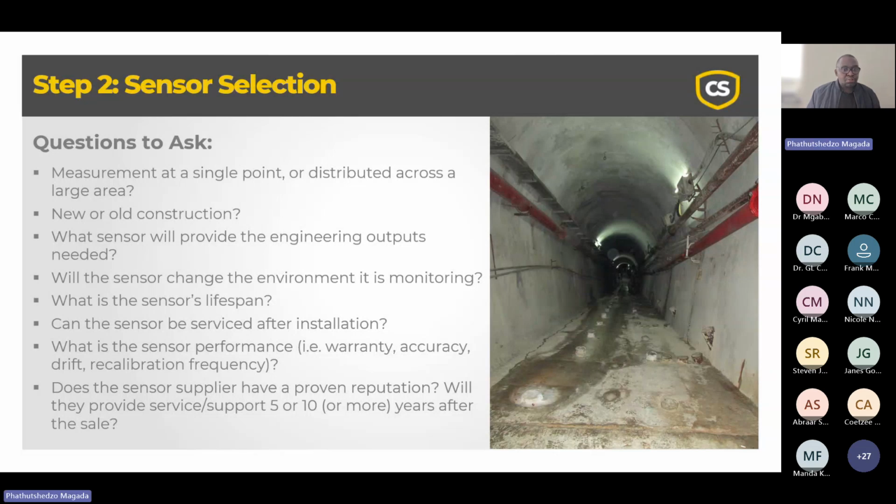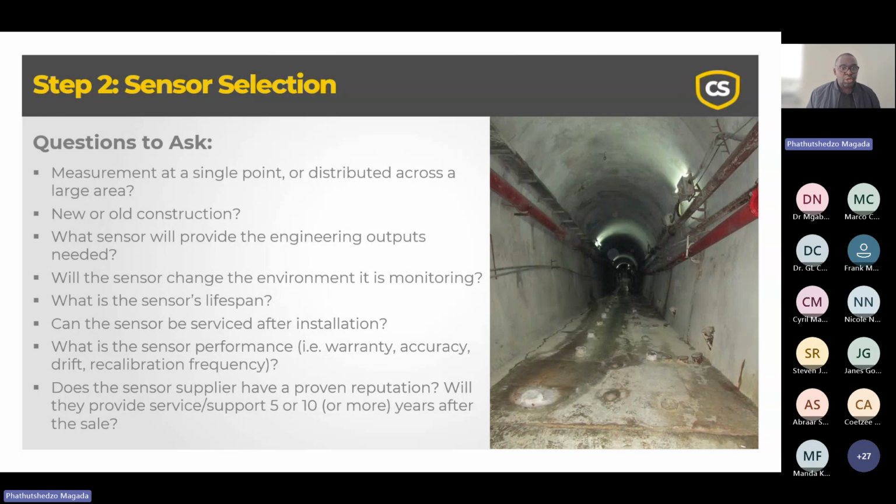We also need to pay attention to whether the project at hand is a new project or an old construction. Why is this important? Because some sensors need to be embedded in the concrete.